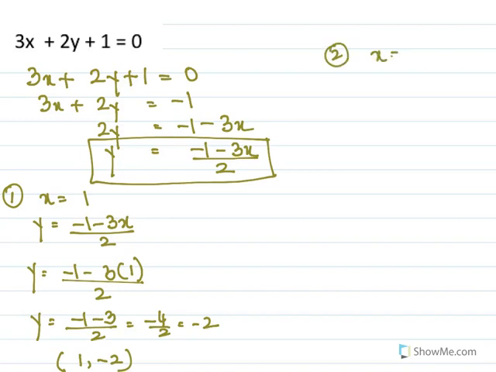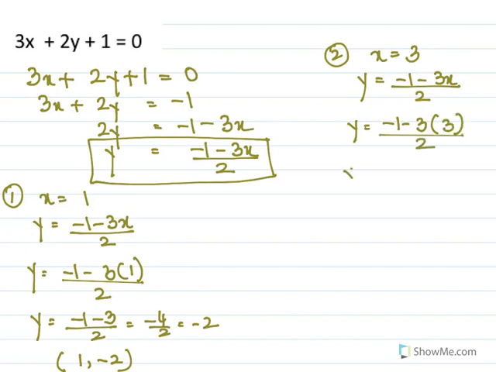Let's take up the second point. Now I'm going to put x equal to, say, 3. My equation is y equal to minus 1 minus 3x over 2. So now wherever there is x, I need to put 3. So that would be minus 1 minus 3, there is x here, so I put 3, over 2.